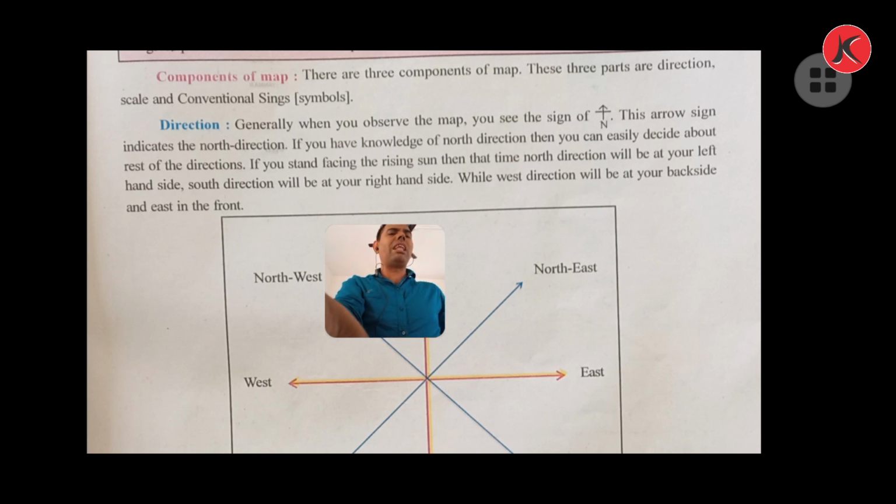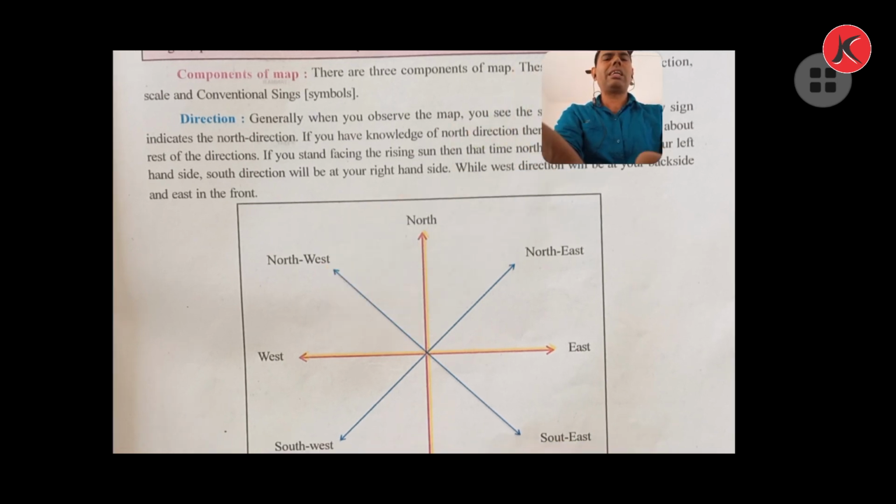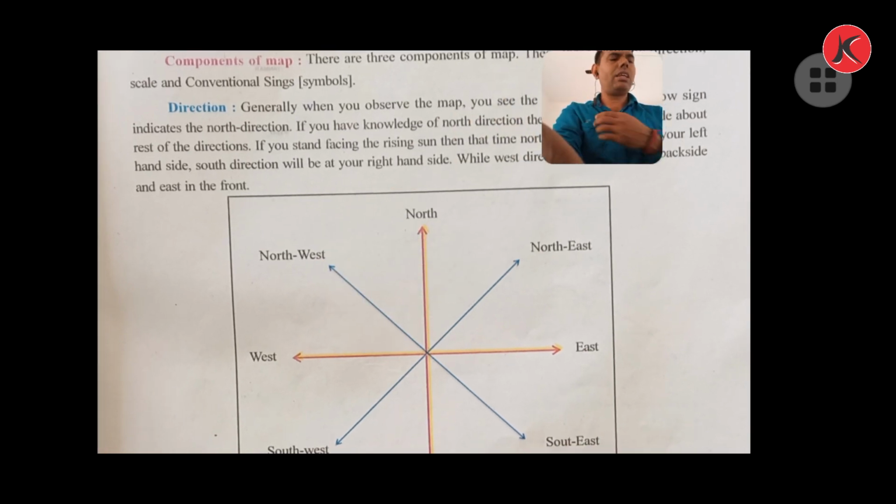If north is left, then the opposite right hand side is south, while the west direction will be your back side, okay, and the east direction should be your front side. So this way you can easily find out the directions, okay.